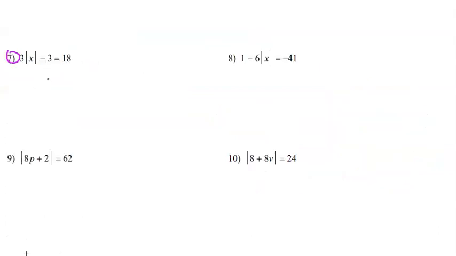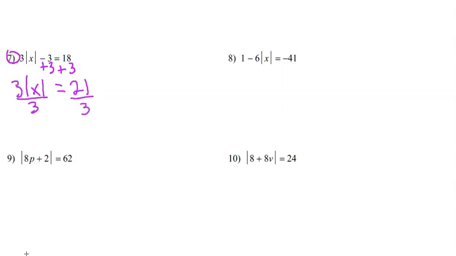Alright, let's look at number 7 on the same worksheet, the level 2 worksheet. We have 3 times the absolute value of x minus 3 equals 18. The first thing we want to do is isolate the absolute value on one side. To do that, add 3 to each side. We have 3 absolute value of x equals 21. Divide each side by 3.